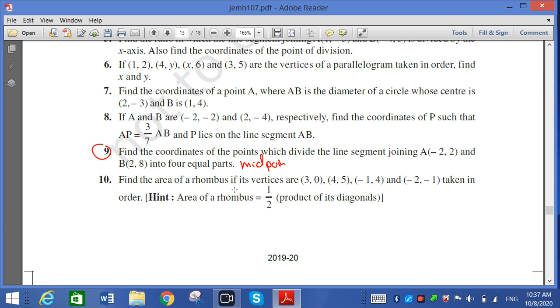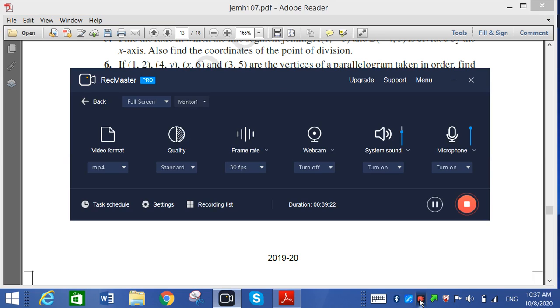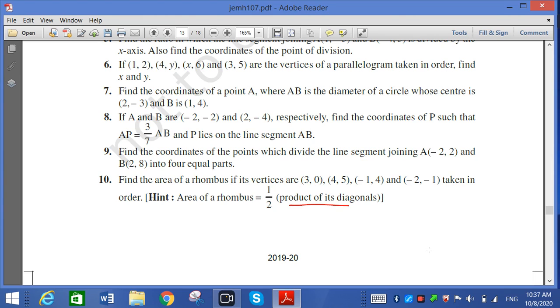Find the area of rhombus. To find the area of a rhombus, the formula is half. So find the area of the rhombus if the vertices are given.